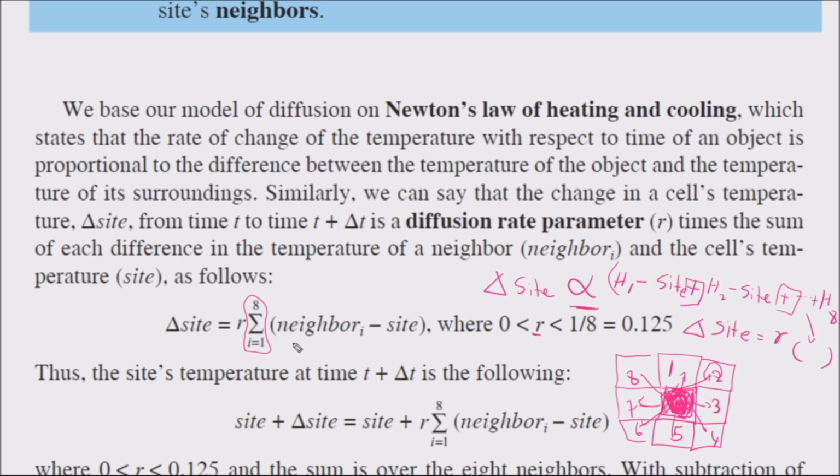What does this give you? This always gives you a negative value. Why? From here to here, the energy of the neighbor is less than the energy of the site. This is high, this is low. So that's why the change is a negative value.